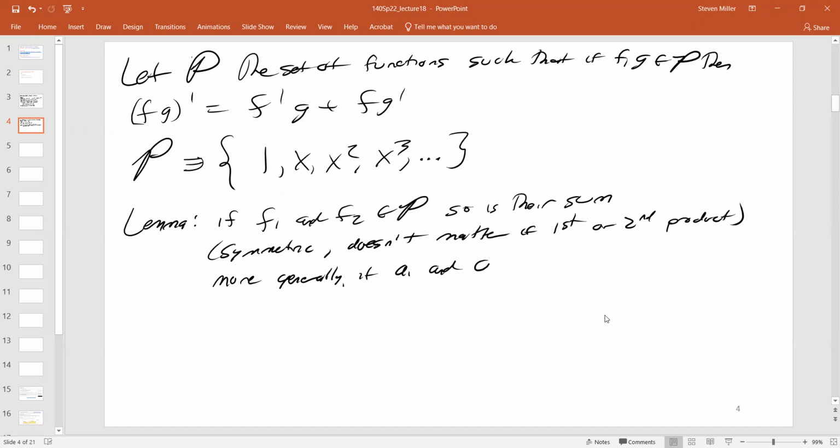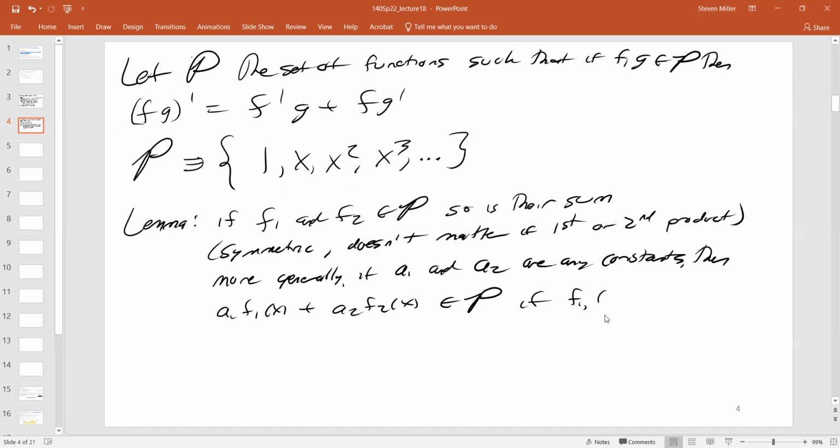More generally, if a1 and a2 are any constants, then a1 f1 of x plus a2 f2 of x is in P, if f1, f2 are in P. This is a really nice result.